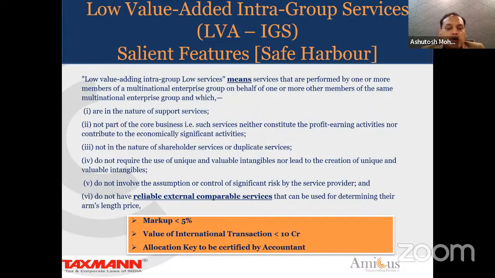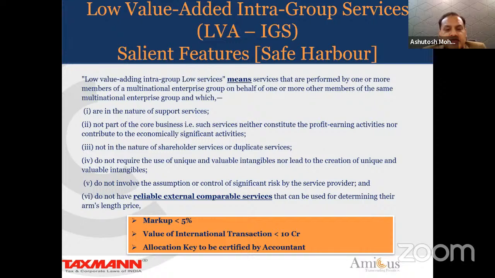So revenue can always come back and challenge the application of safe harbor, asking how you are saying that you do not have reliable external comparable data, and therefore you're going for the safe harbor. To my mind, this is a condition which really dilutes the safe harbor that we have available in India.